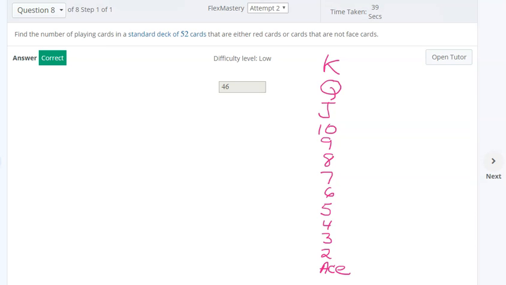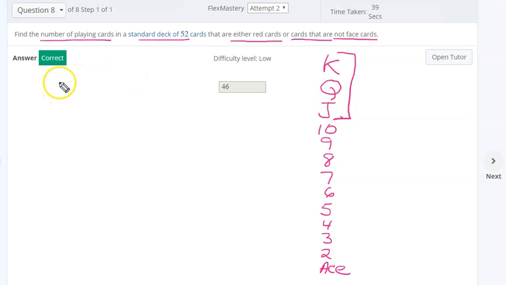This one's similar. We have find the number of playing cards in a standard deck of 52 that are either red cards or cards that are not face cards. Now, the face cards are these: the king, the queen, and the jack.